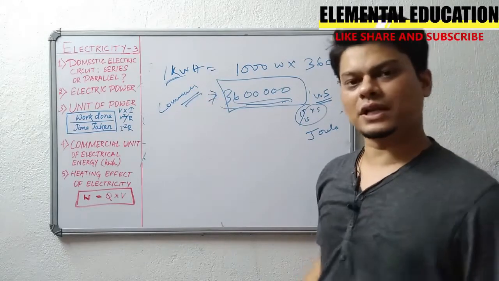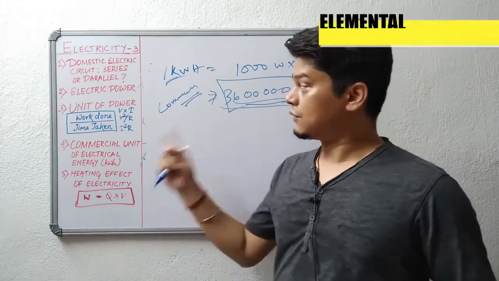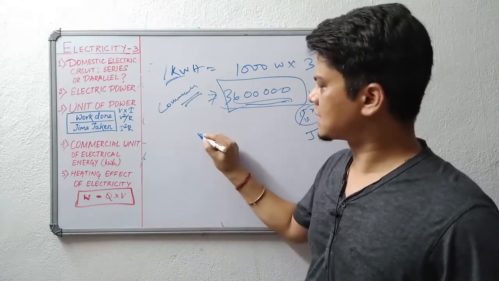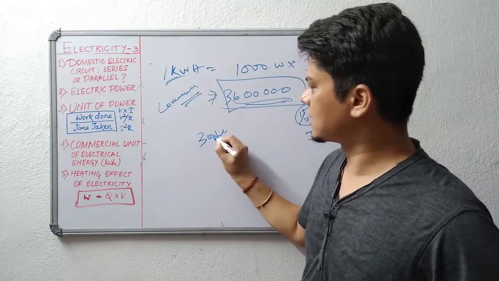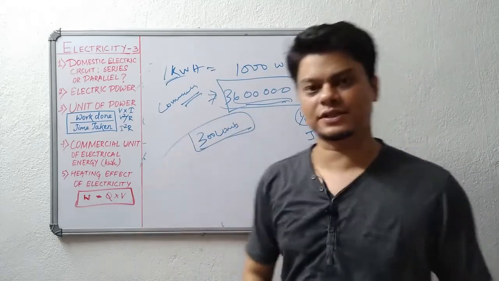You might have noticed when you get an electricity bill every month from the electricity board, you can see how many kilowatt hours you have used. Suppose they say you are using 300 units. They calculate that 300 units you have used this month.